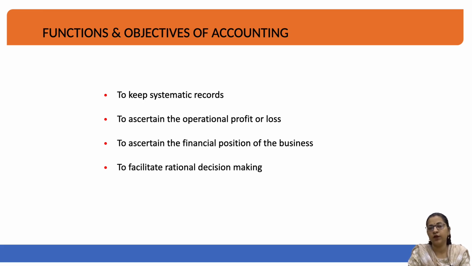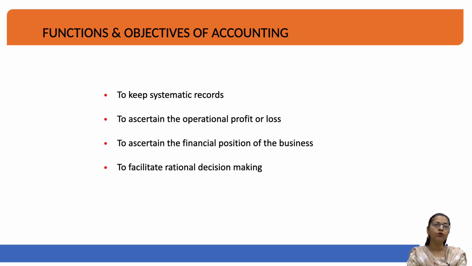After the second function, let us come to the third function, which is to ascertain the financial position of the business. When we talk about the financial position of the business, we are referring to the balance of assets and liabilities of a company. Assets and liabilities are ascertained on a particular date of a financial year.